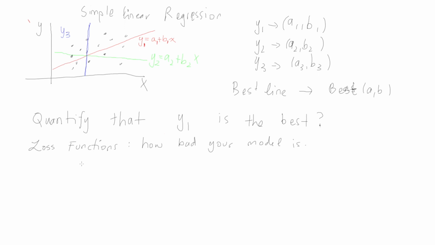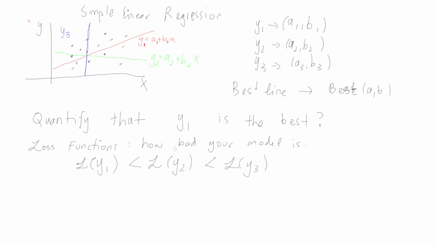So let's say L is the loss function: L of y1 is lower than L of y2, which is hopefully lower than L of y3, because y3 is a really bad model. This should make sense, as the blue model is terrible, the green model is slightly worse than the red one, and the red one should be okay.